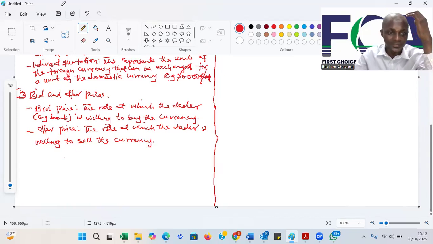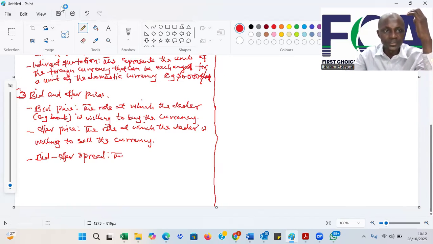That is bid and offer price. Then we have what we call the bid offer spread.